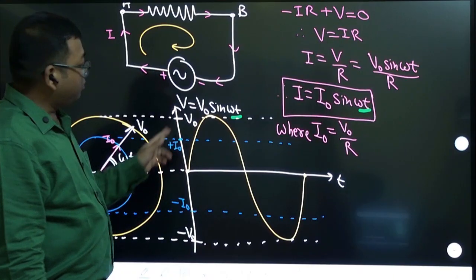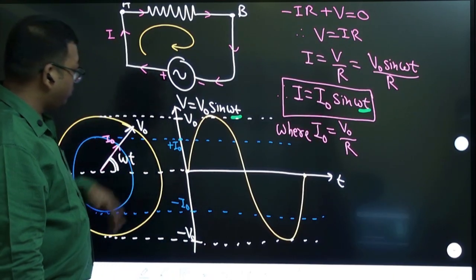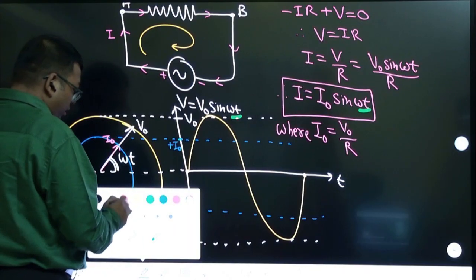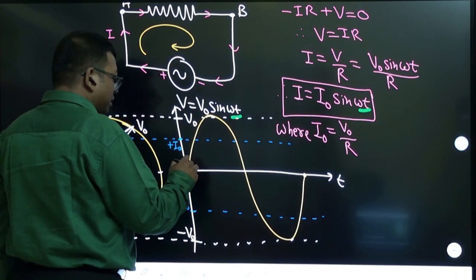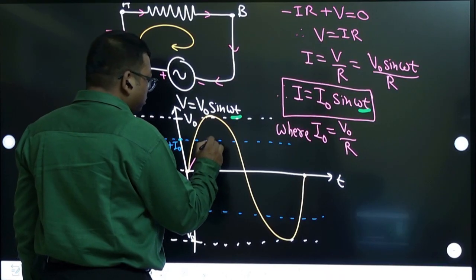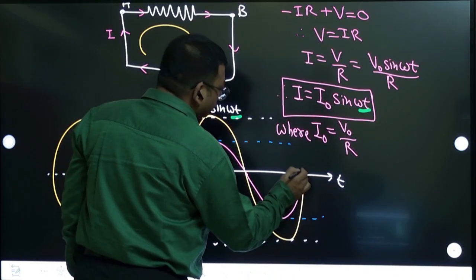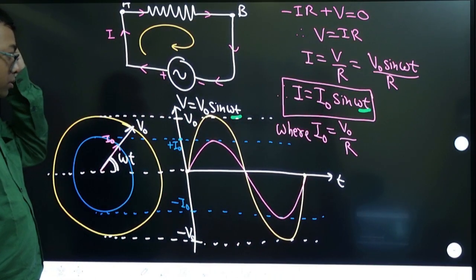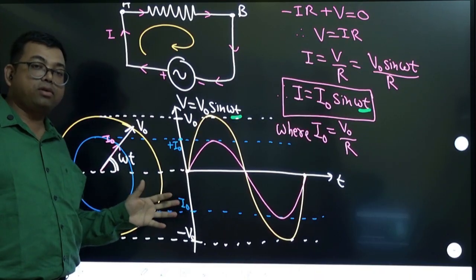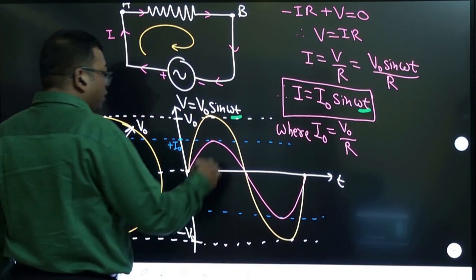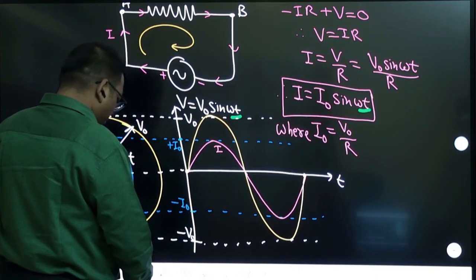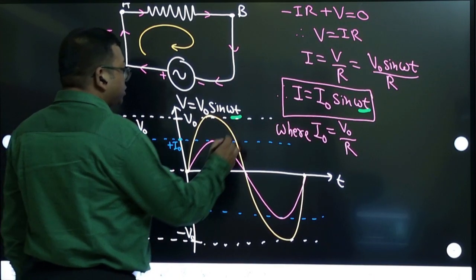First we represented voltage, now we are representing current. So the current graph will look exactly the same. Together they go and together they fall. So this graph is the current graph and the upper graph is the voltage graph.